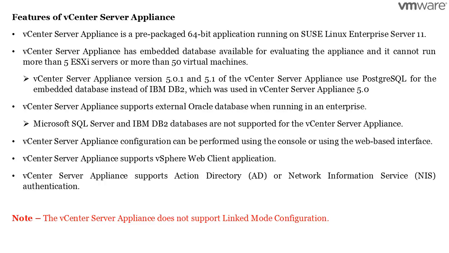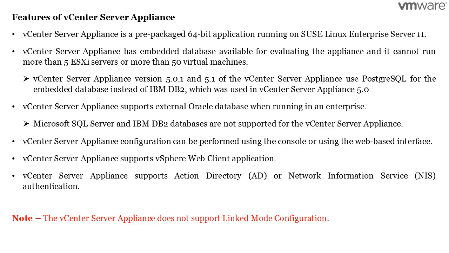Now, versions 5.0.1 and 5.1 of the vCenter Server Appliance use PostgreSQL for the embedded database instead of IBM DB2, which was used in vCenter Server Appliance 5.0.